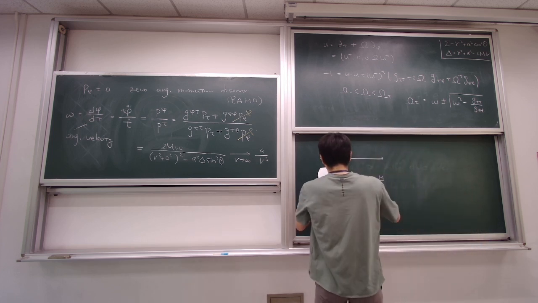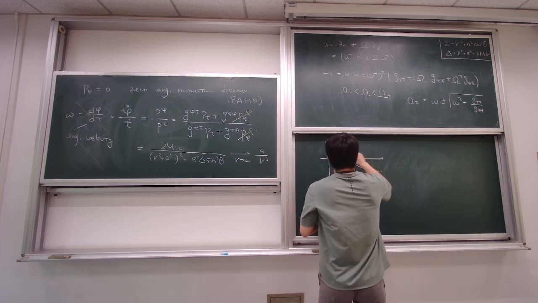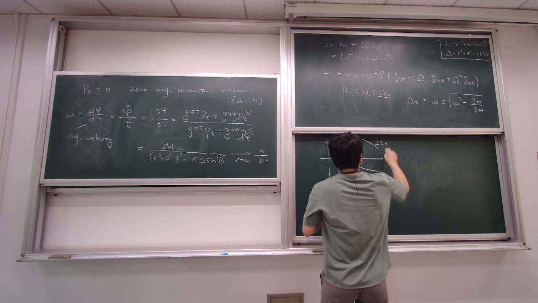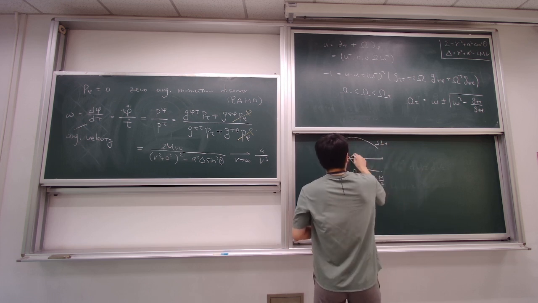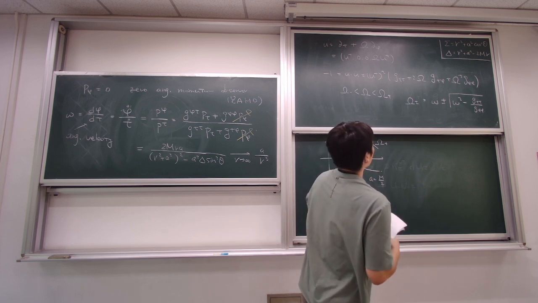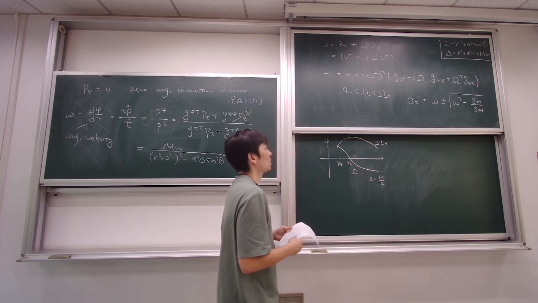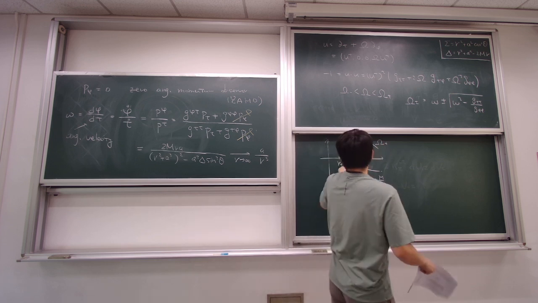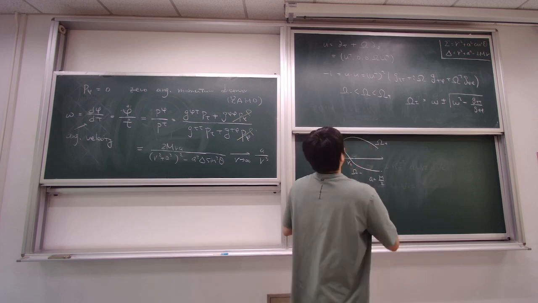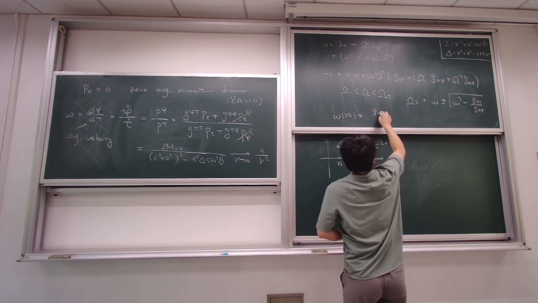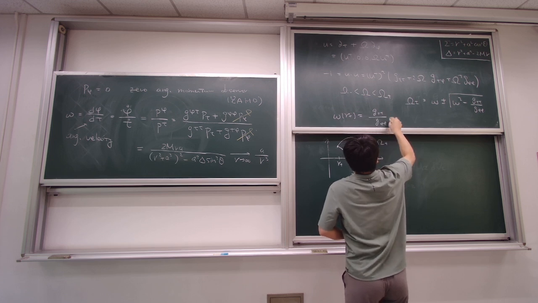So the shape looks like this way. This is omega plus and omega minus, and this is r0 and r plus. So at the r plus, omega at r plus is indeed given by g_tt over g_phi phi at r plus.